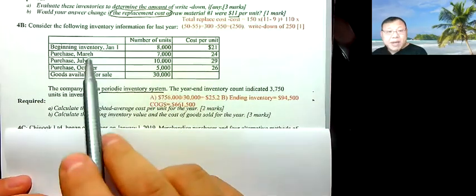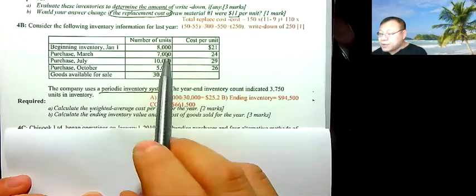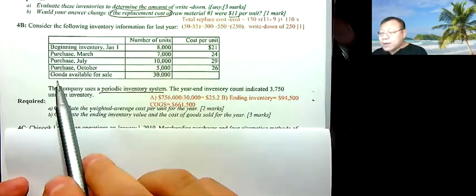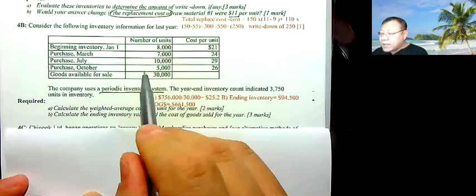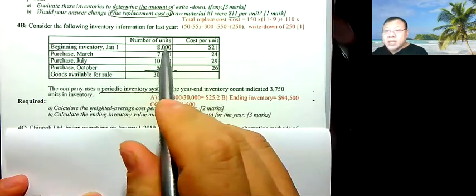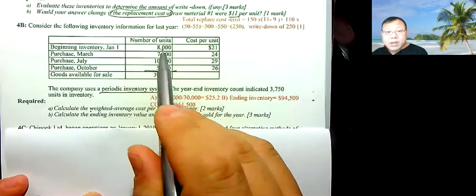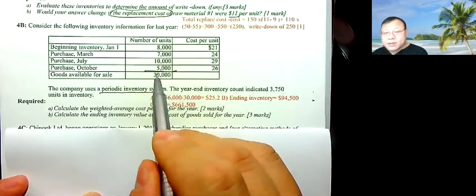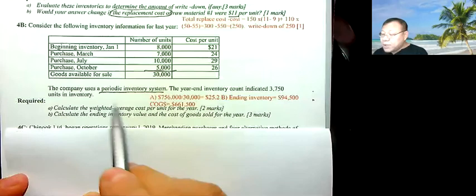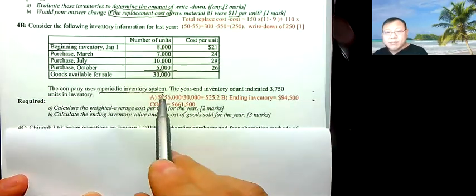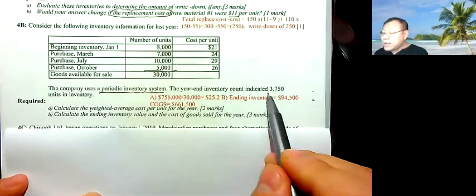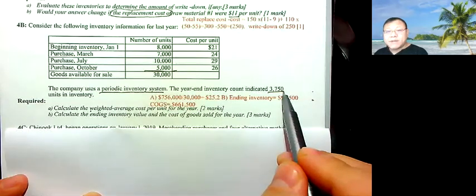There are 3 purchases, the units, the cost, and if you add the beginning plus the purchases, that's the total goods available. That's going to be 30,000 units. The company is using the periodic inventory system, and the year-end count is 3750.